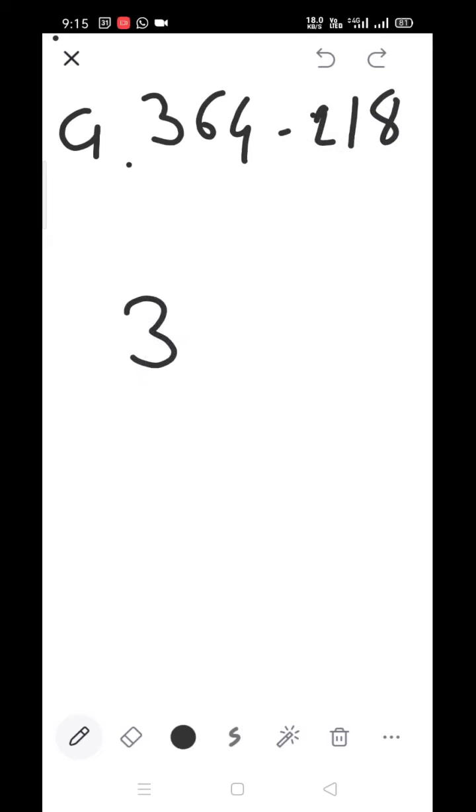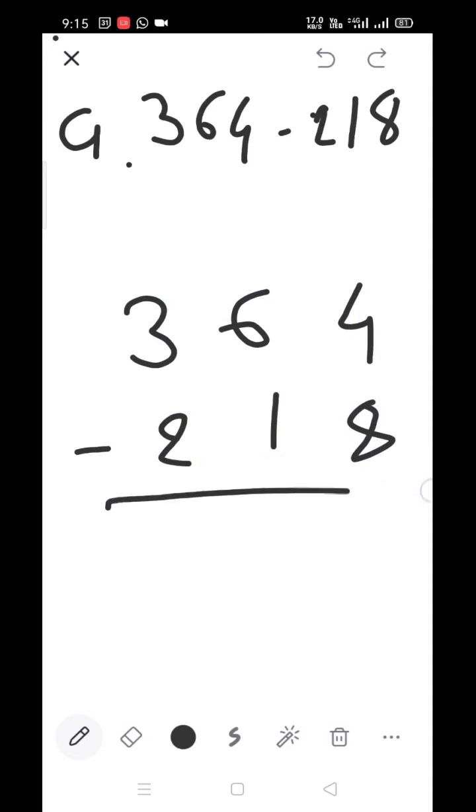A is 364 minus 218. So first, what should I do? I will arrange them vertically. 364 minus 218. Write down the places: ones, tens and hundred. As per the rule, we do the first subtraction from the ones place. 4 minus 8.